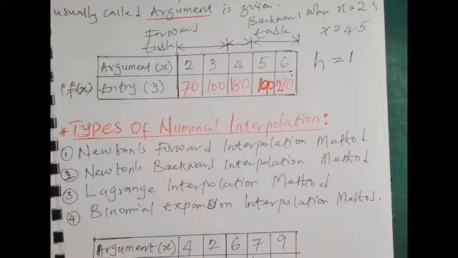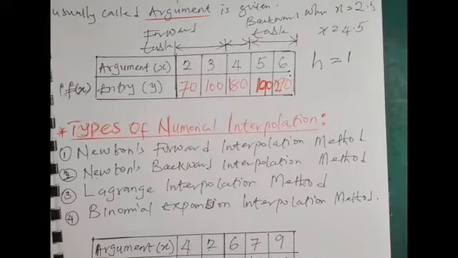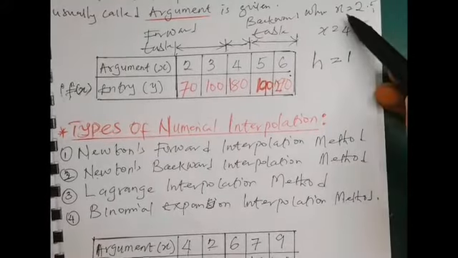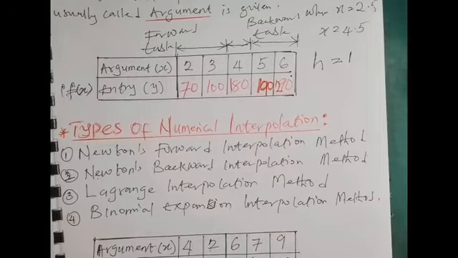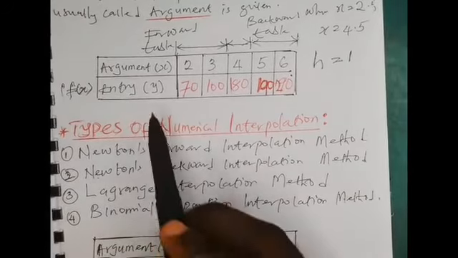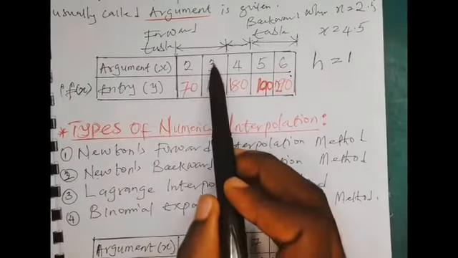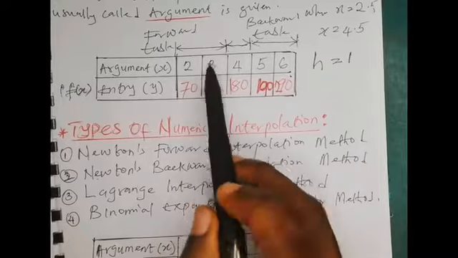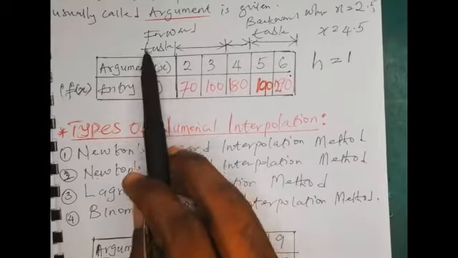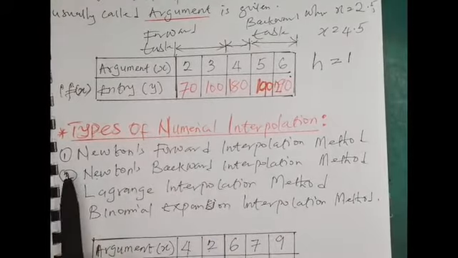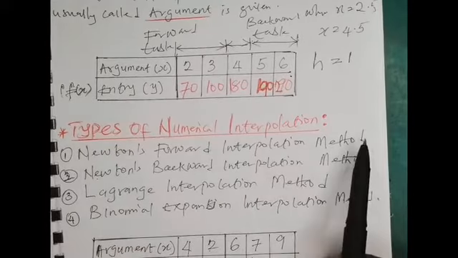Now, how do we use Newton's forward or backward interpolation? Let's say we're asked to find the value of y when x is 2.5, as given earlier. You observe that 2.5 lies between 2 and 3, and 2 and 3 fall at the forward table, which means you're automatically going to employ Newton's forward interpolation method.